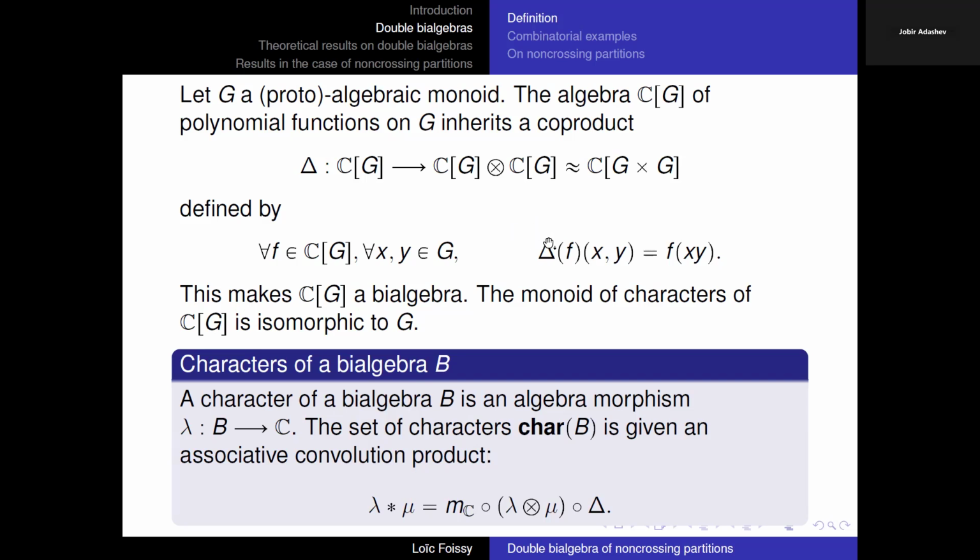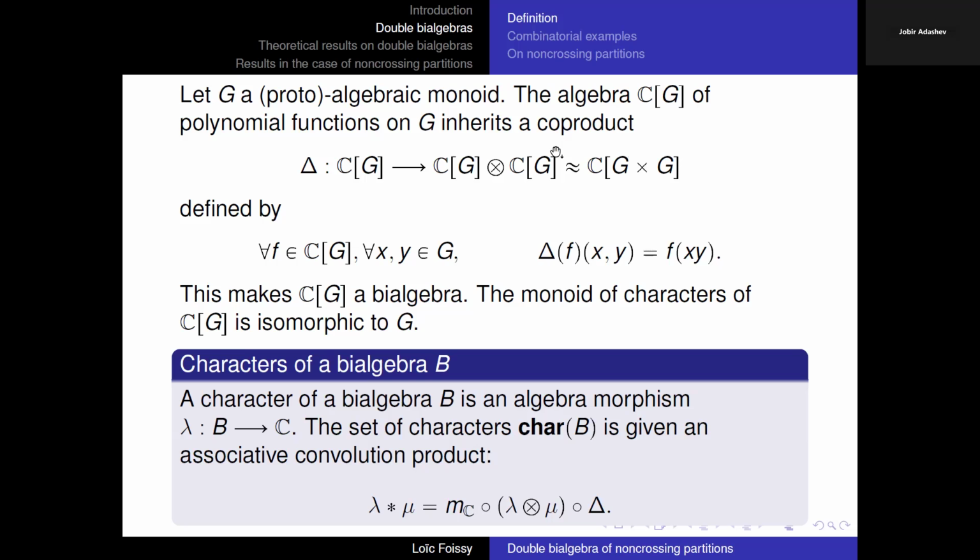So delta of f reflects the product of J. If the monoid is correct with this topology, in fact, this defines a function on J times J, and it should be polynomial.